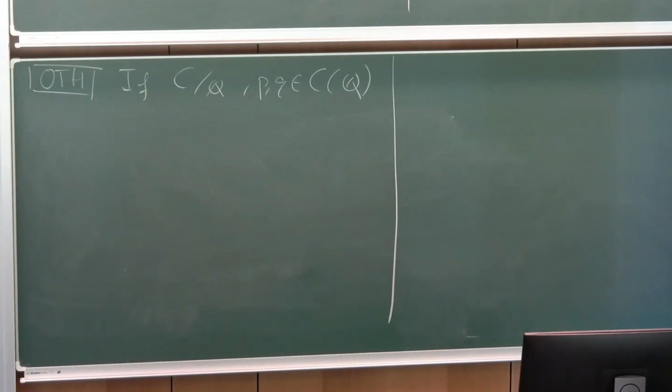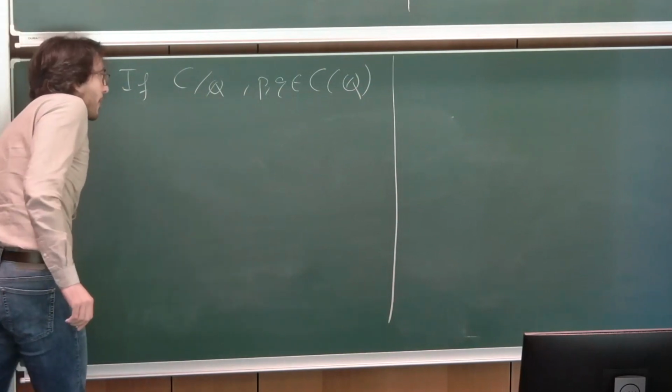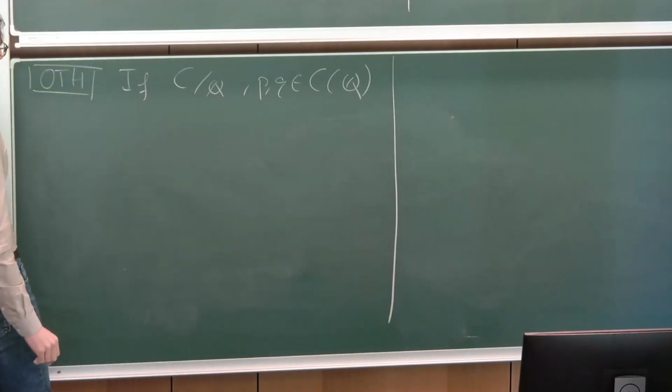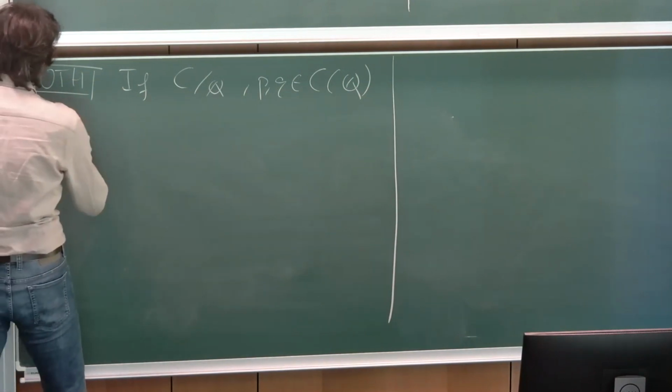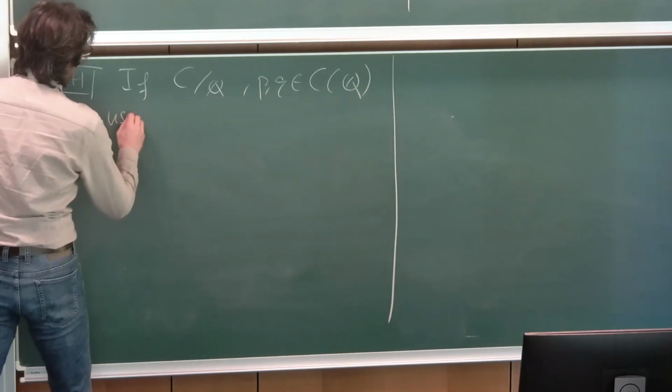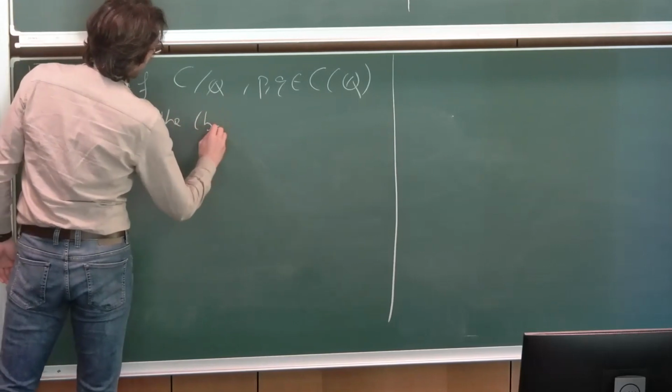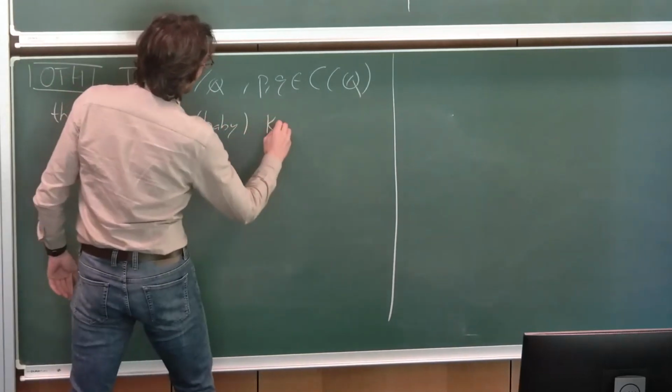So if everything is defined over the rationals, then we can use, let's say, a baby Hodge-Spencer map.